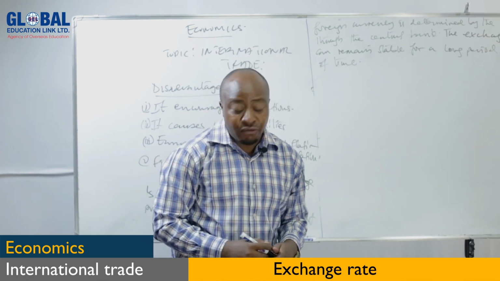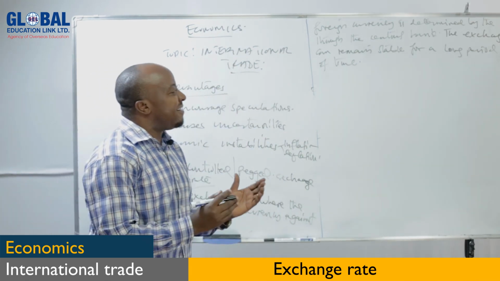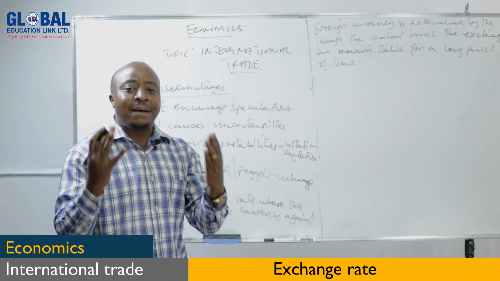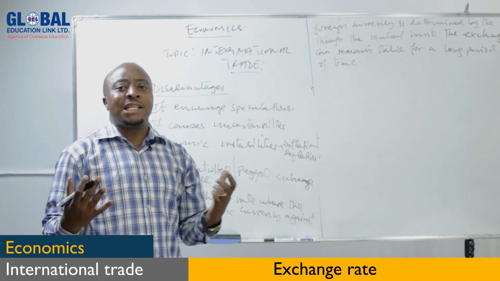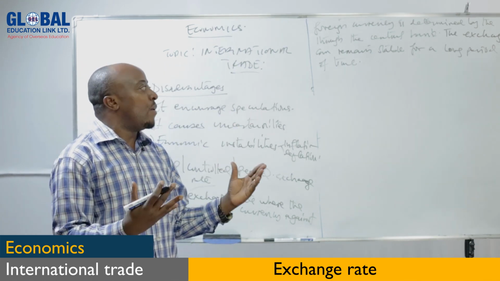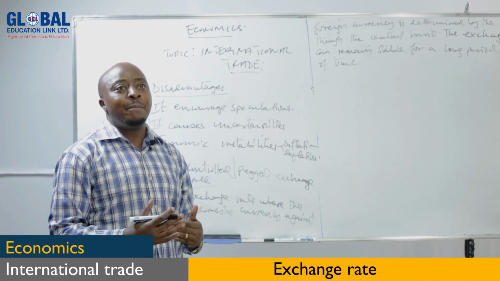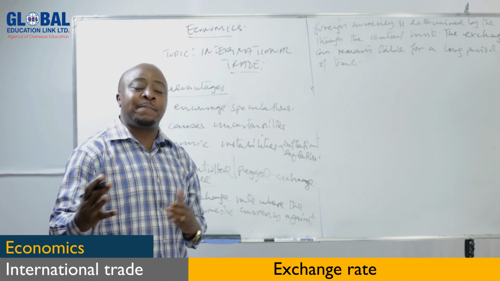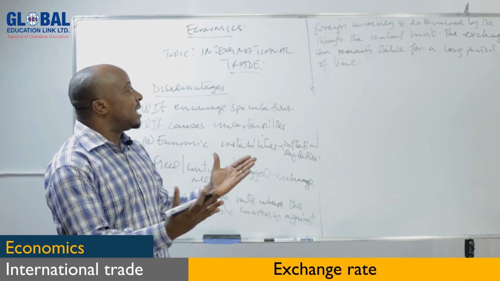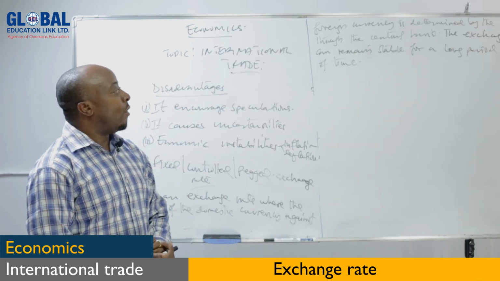Why? Because the government is the one fixing or determining that exchange rate. So it is very easy to find the exchange rate remaining stable for a long period of time, because there are no unexpected fluctuations.